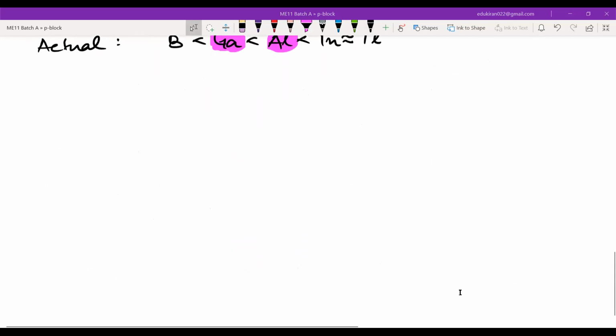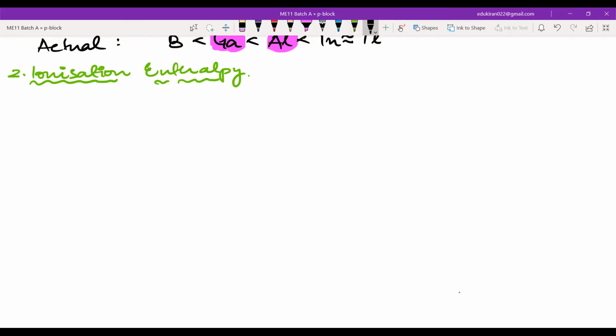Right, next, ionization enthalpy. In ionization enthalpy, we all know that if I compare the ionization enthalpy of the alkaline earth metals, that is group 2, and of group 13, there will be a decrease in ionization enthalpy.